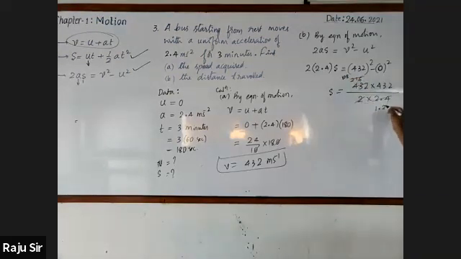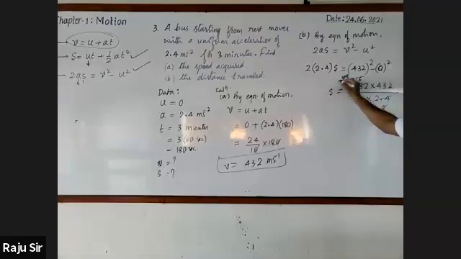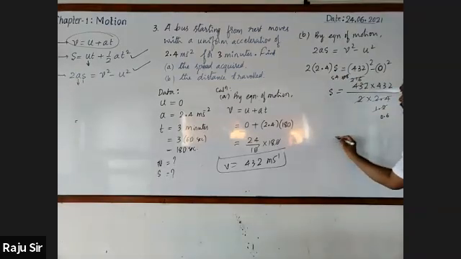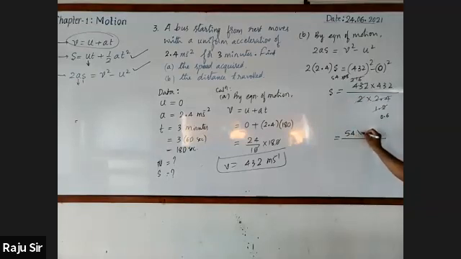You got 108. Then again you can cancel it by 2. 0.6. Then 2 fifty-fours. Again it can be cancelled. But I'll write it in one step. That is 54 into 432 divided by 0.6.